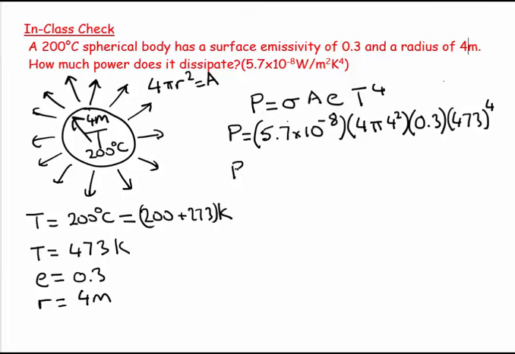So the rest is just calculator work, really. Got to go step by step. So I'll get my calculator. 5.7 EE to the minus 8. Put that in, enter. And then times 4, enter, times pi, enter, times 16, enter. And then times 0.3, enter.